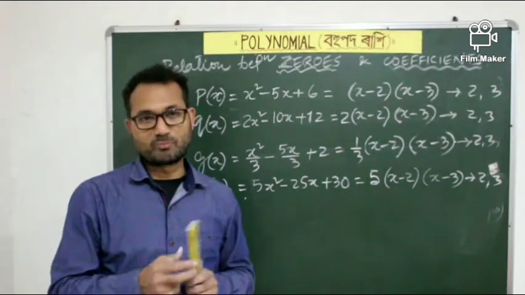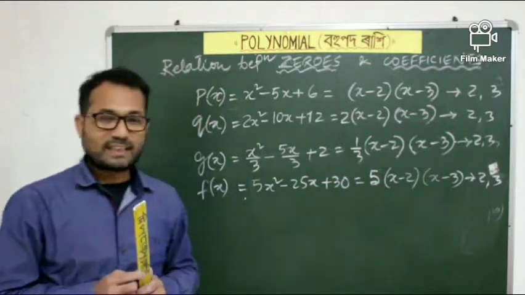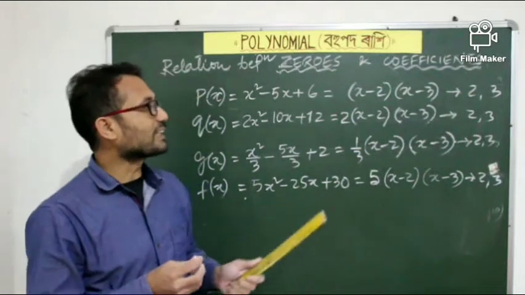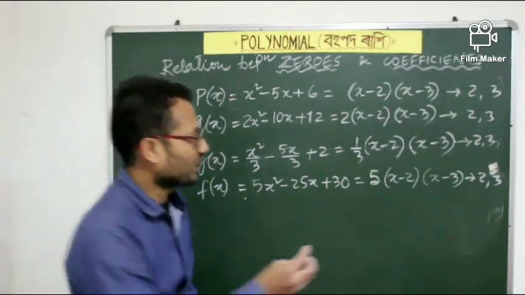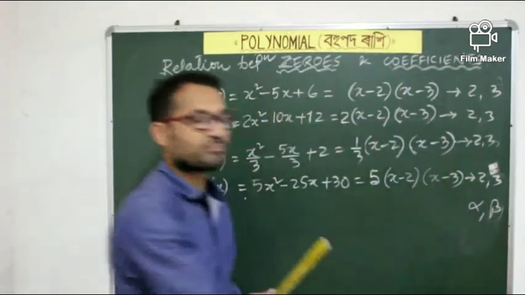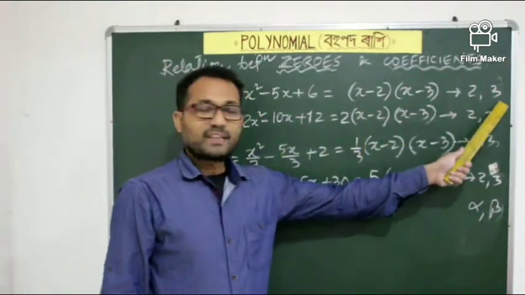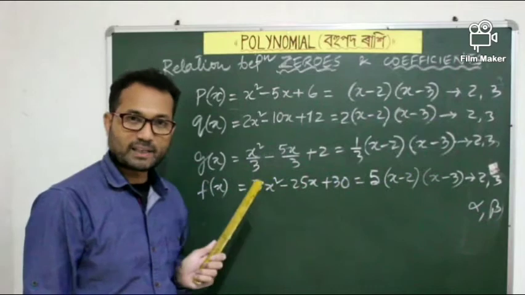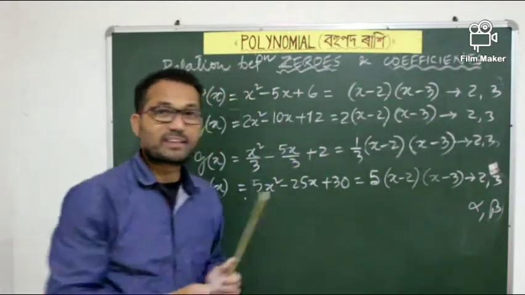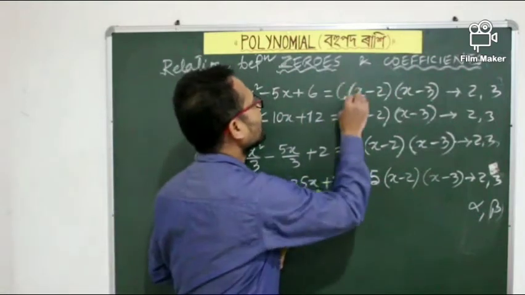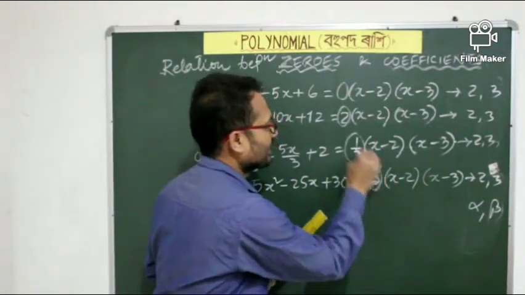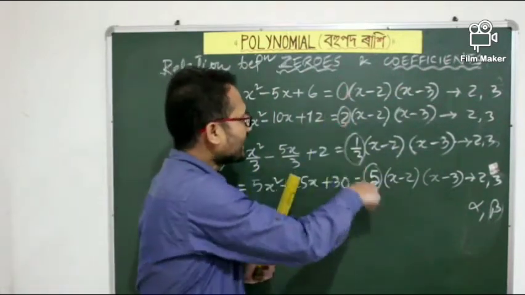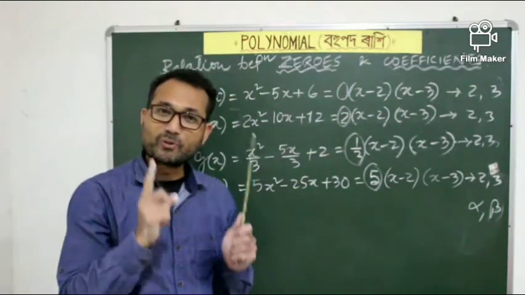Now suppose we are given two zeros, alpha and beta. When the zeros were 2 and 3, the polynomial could be this one, this one, this one. Now look at the difference among these. These factors are all the same. So this will always be a non-zero real number.